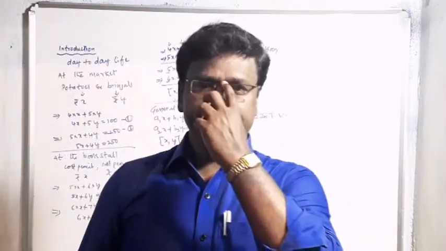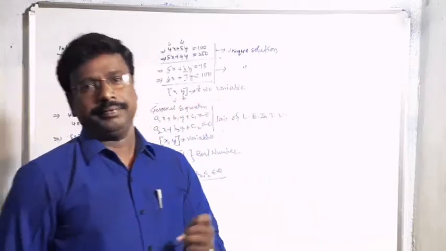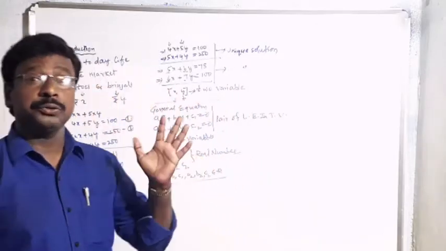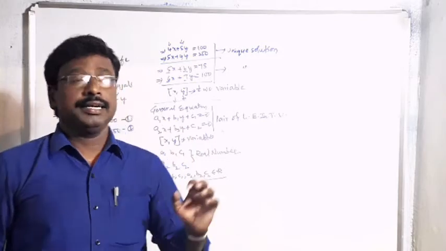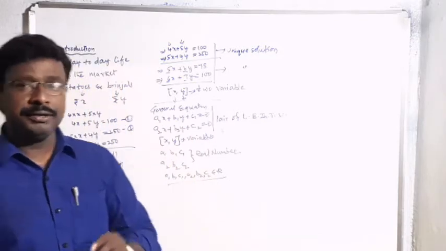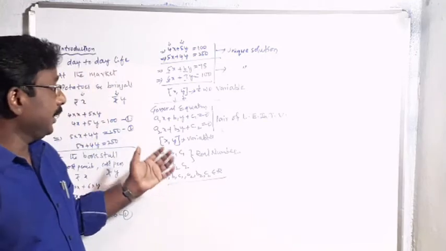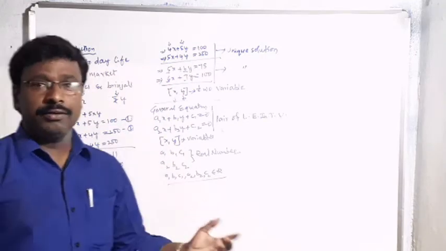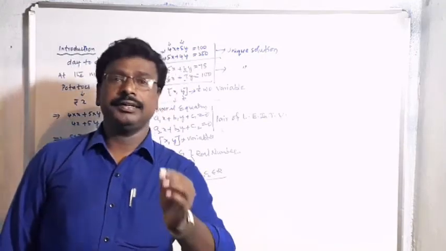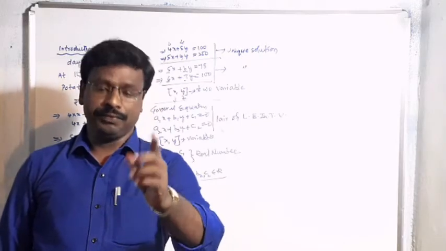Now understand how you will get this linear equation in two variables. From day to day life, we are going to get linear equations. This is the formation of linear equations in two variables form.